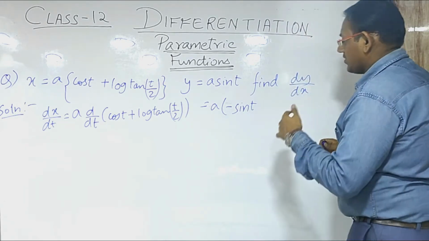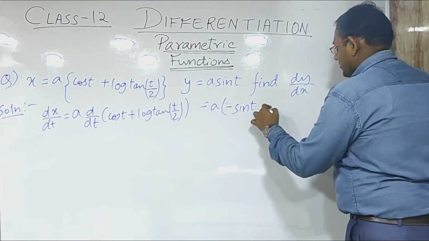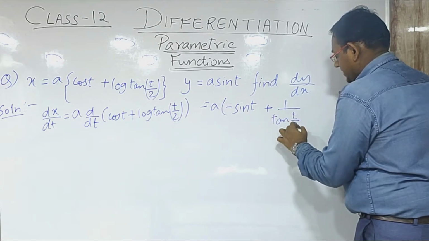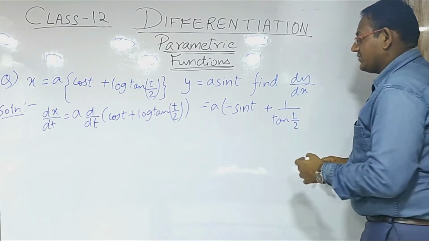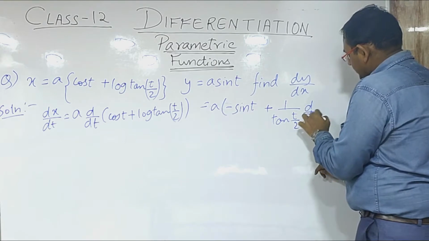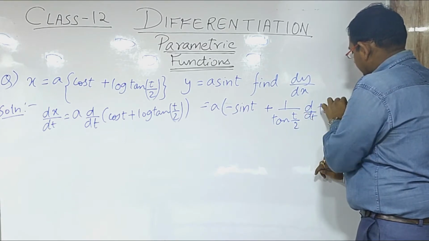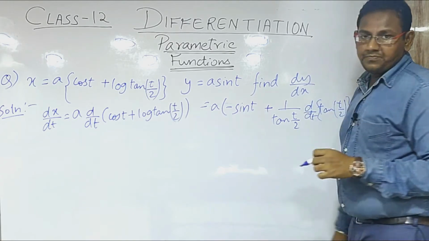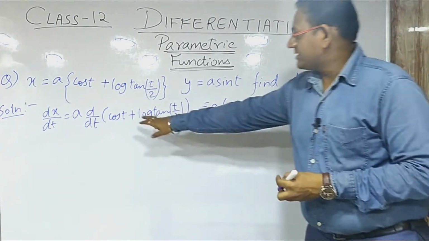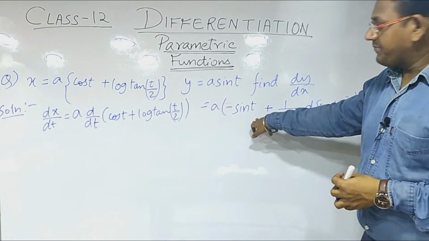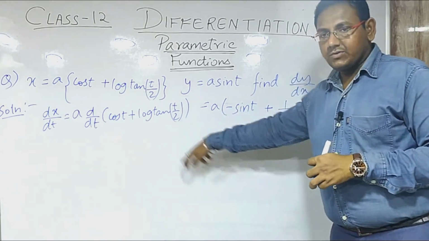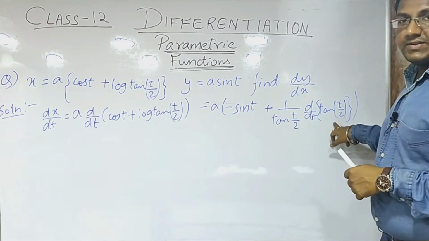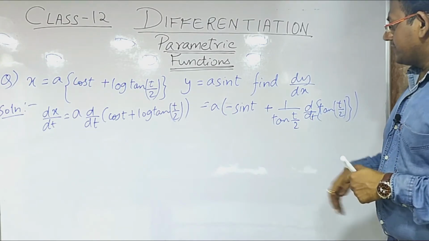So log tan t by 2 gives 1 by tan t by 2, and after that we need to differentiate tan t by 2 also.